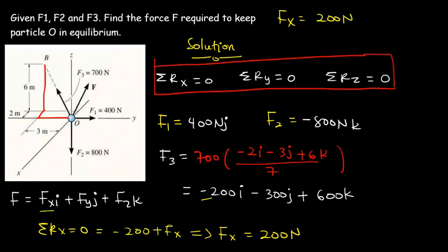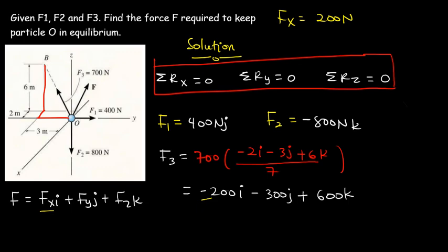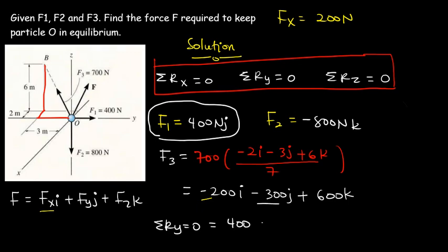So let's do the same for Fy. Let's solve for Fy also. For Fy, you are going to consider the forces in the y-axis direction. We know that F1 is in the y-axis direction, so we bring that here, 400, and then we have this minus 300 here also, so minus 300, plus Fy.